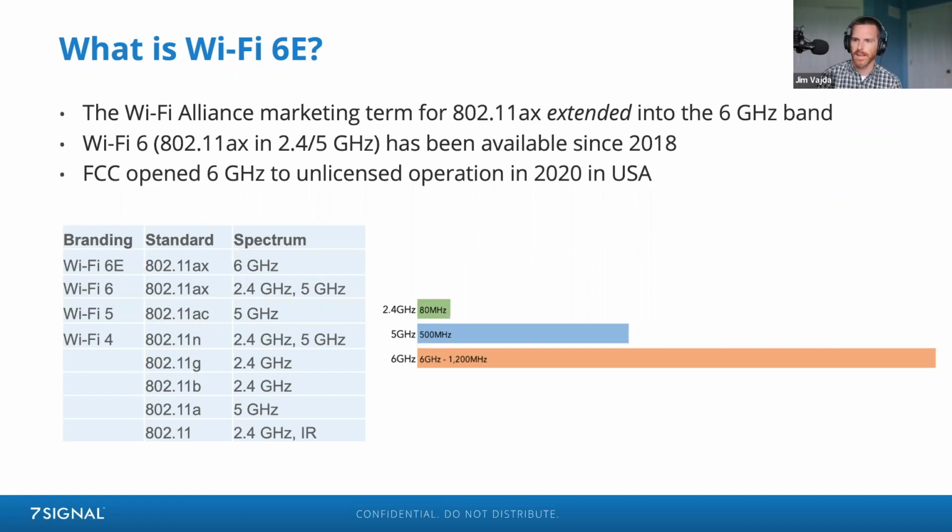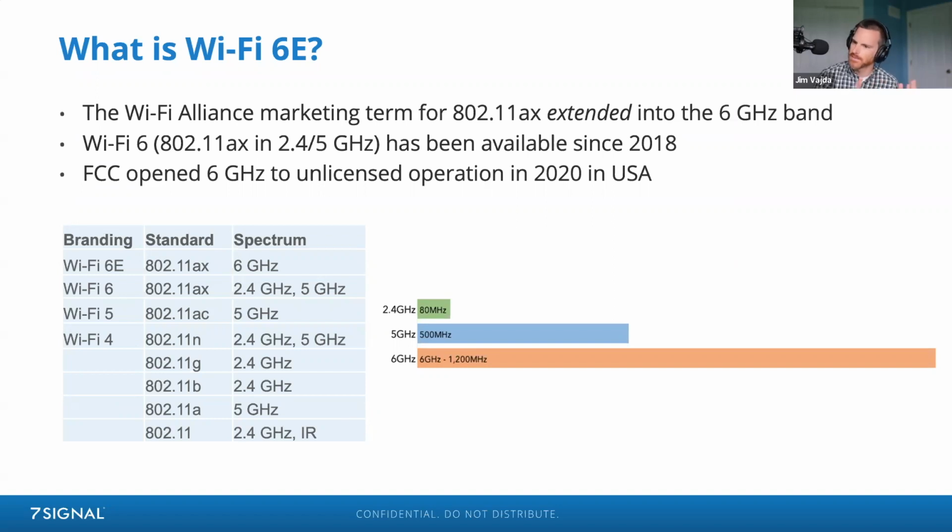And it's a big deal because that 6 gigahertz band is huge. There's 1200 megahertz of spectrum available there, which you can see in this graph on the right. Many countries, starting with the US, have made the full 1200 megahertz available for Wi-Fi and other unlicensed users.